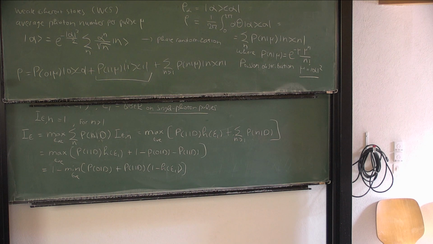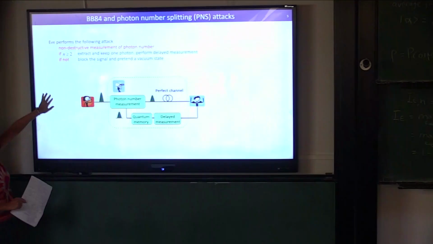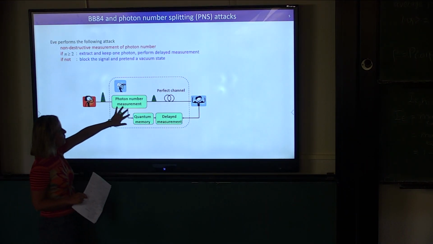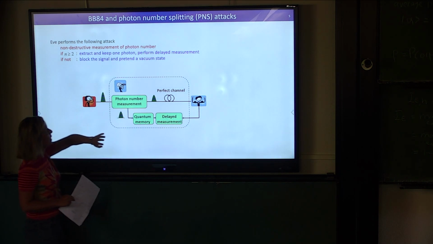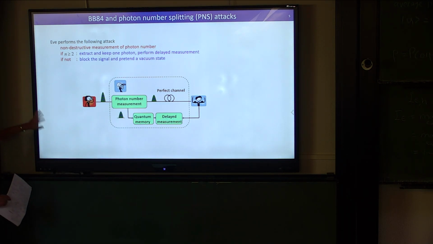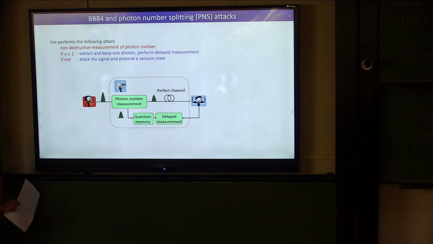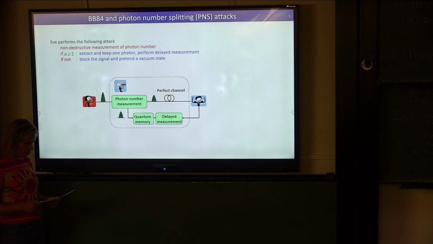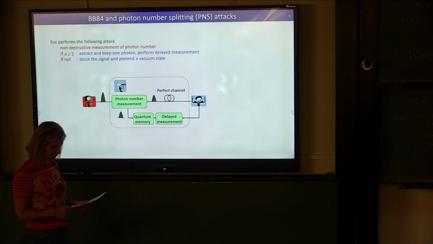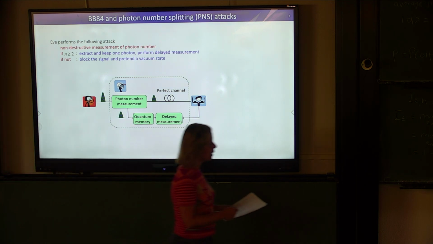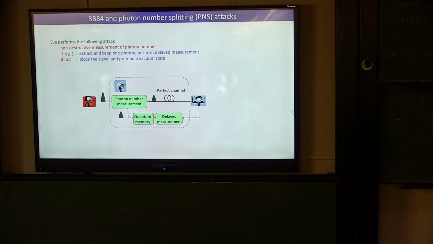So if n is bigger than 1, she will always perform her attack and send to Bob the rest of the pulses. In all the other cases, in 0 photon pulses, she will block the 0 photon pulses. So what does this mean? It means that we must assume, given this expression here, that the probability of detection given n equal to 0 is 0.